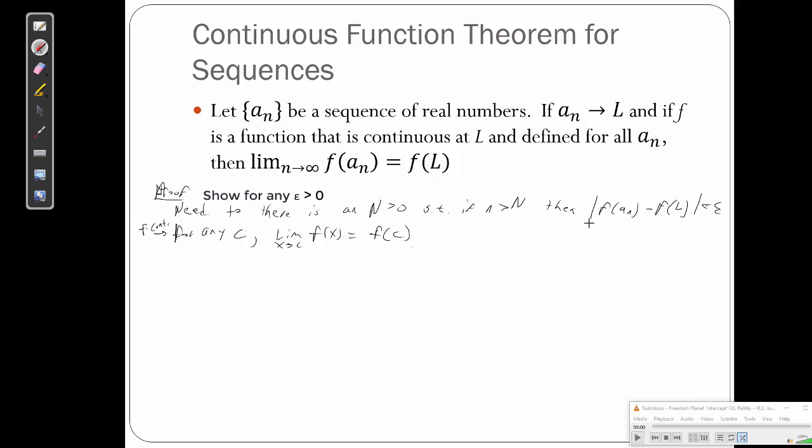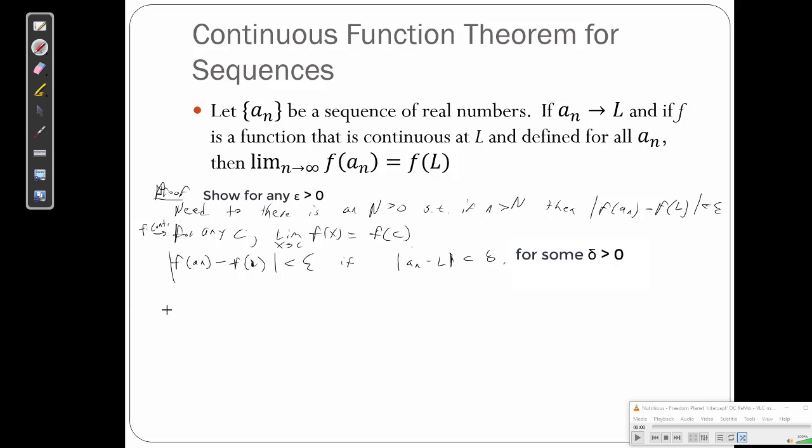So we know f of a sub n minus any other value, really, f of L, is less than epsilon if a sub n minus L is less than delta.